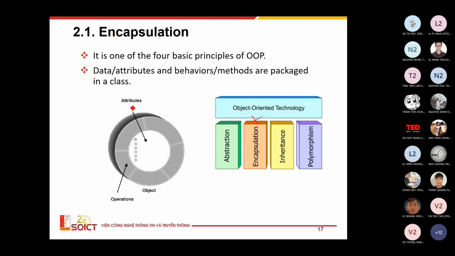We know about the attribute, we know about the method or the operator, and now the data and this method will be packed in a class. Okay, so that's it. The encapsulation is some kind like you packing the data or the attribute and the method in a class. Okay, this is the way we pack the data and behavior in a class.